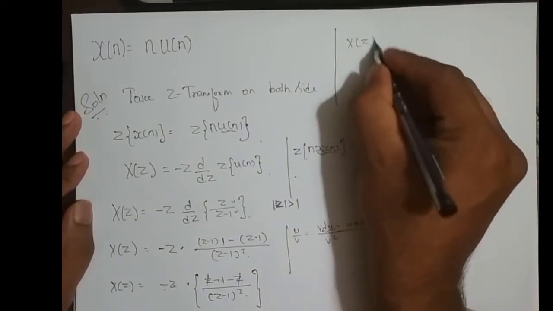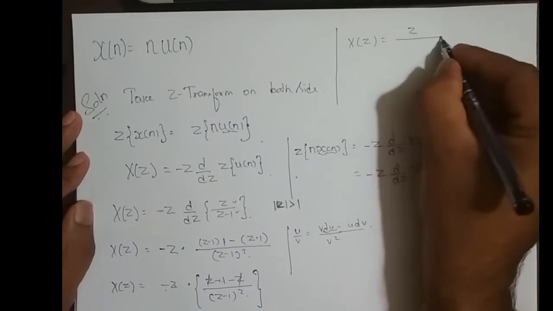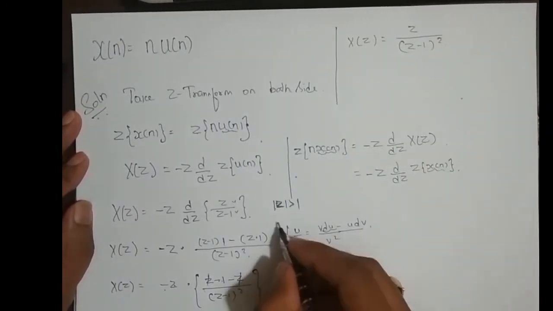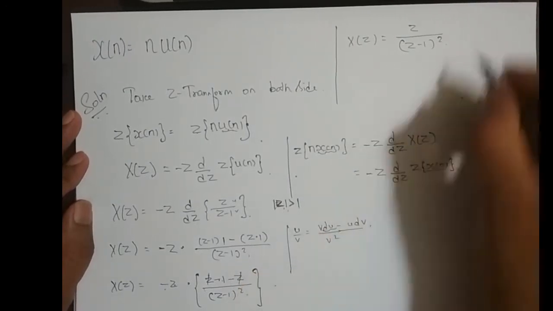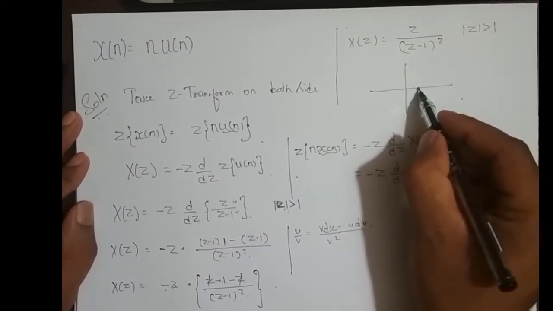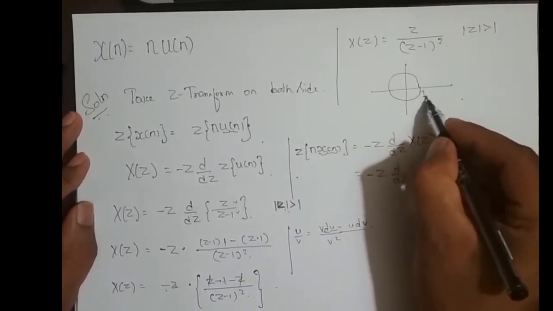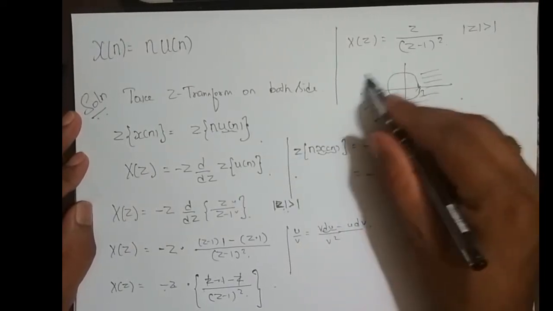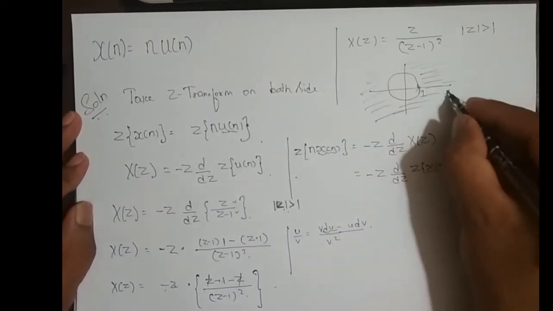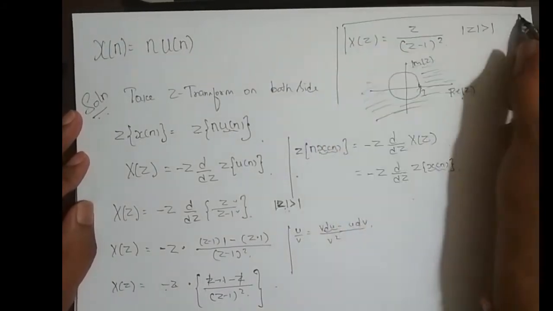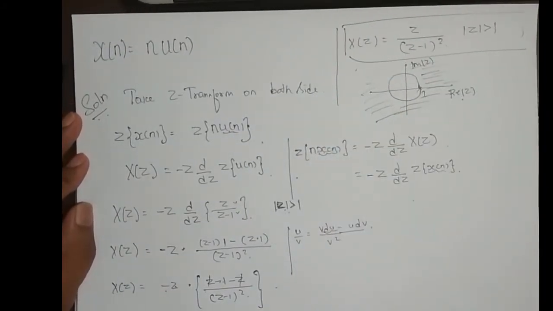So X of z is equal to z divided by z minus 1 whole square, with ROC magnitude of z greater than 1, carrying over the ROC. If we plot it in the z plane, we have a unit circle and the ROC is outside it, with the real part of z and the imaginary part of z as axes. So this is the Z transform and ROC.